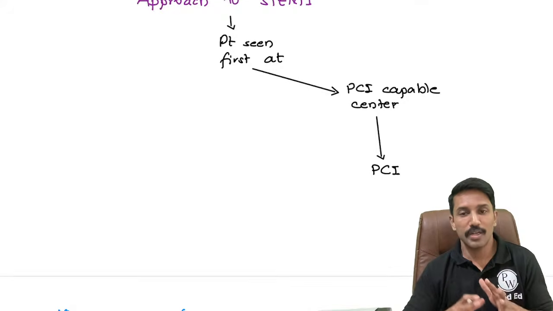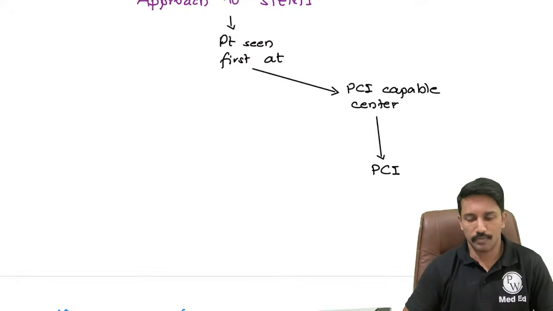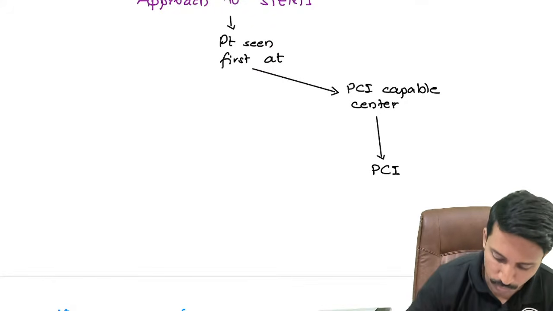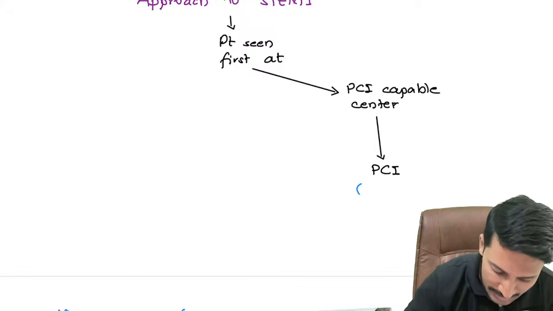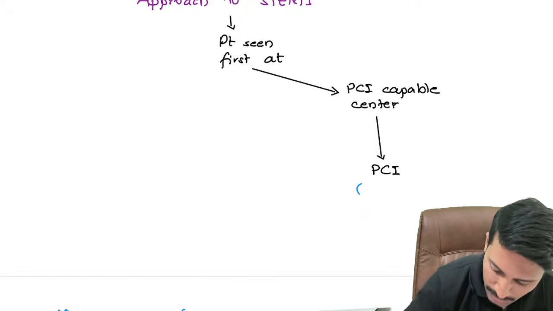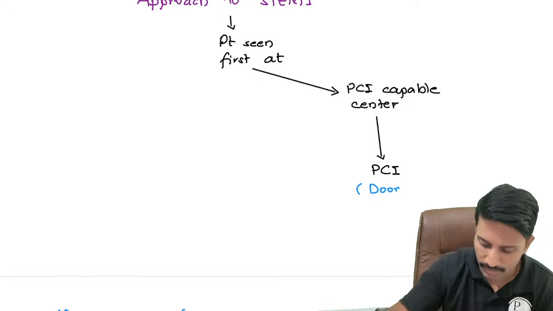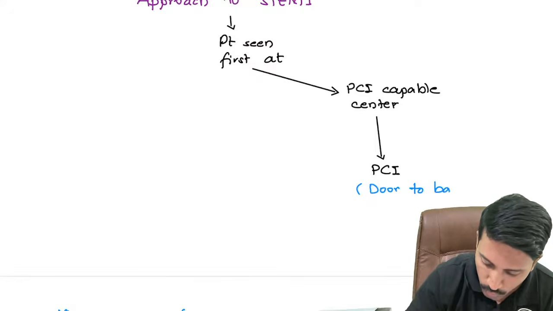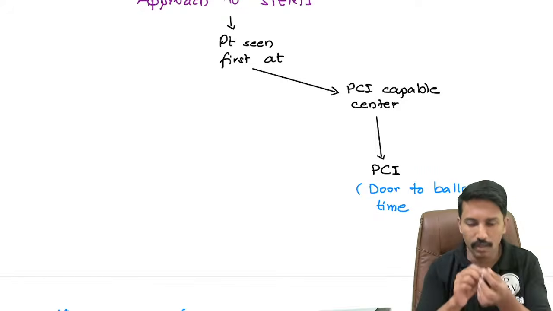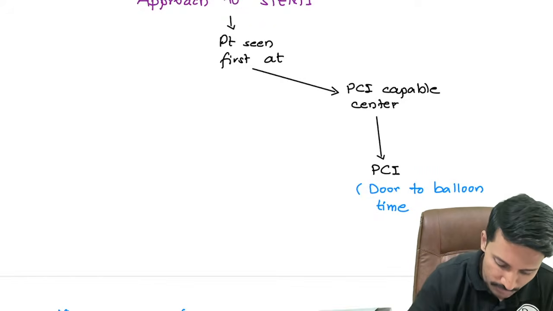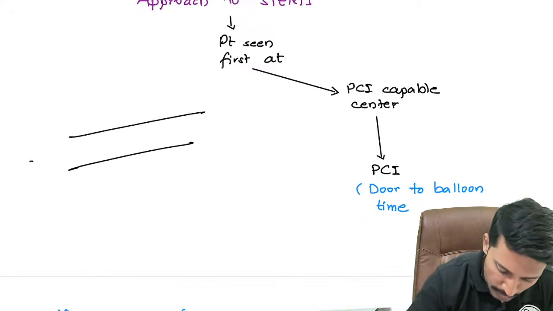Now, within how many minutes of the patient coming to me should I do the PCI? Remember, PCI should be done within 90 minutes of the patient coming to the emergency room door. That is door to balloon time. What is the balloon here? For angioplasty, we use a small wire on which there will be a balloon. Like, if this is a blood vessel, I will pass a wire into this.